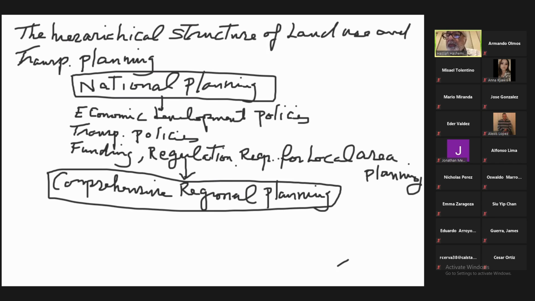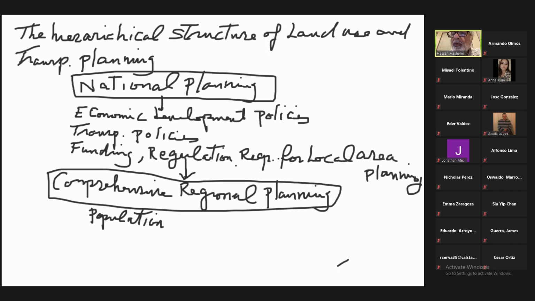So who are those planners? Planners that are sitting in Sacramento and look at the whole California and see what is required. They create a comprehensive regional plan. They look at the population, for instance. What's the population of the state?